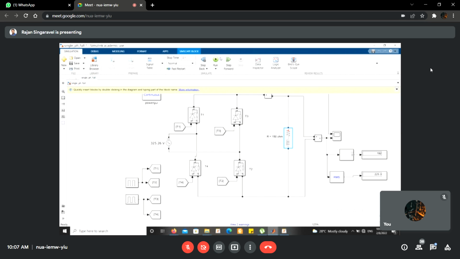The firing angle is not changed. Earlier, please note it down, with 150 ohm R load, we got 192 volt average DC voltage and 225 volt RMS across the load terminal. The supply voltage is the same, alpha is also the same. Now I have introduced an inductive element of 40 millihenry in the load. That's the only change we have done.